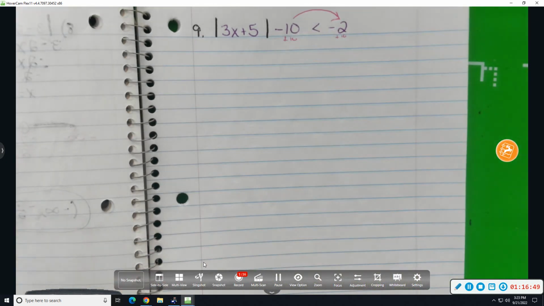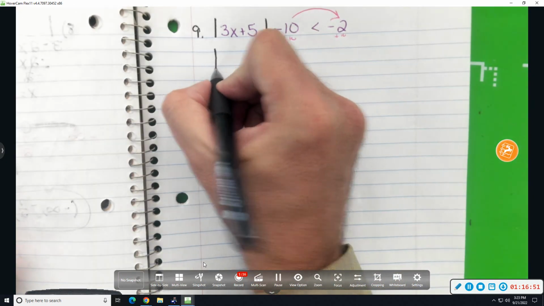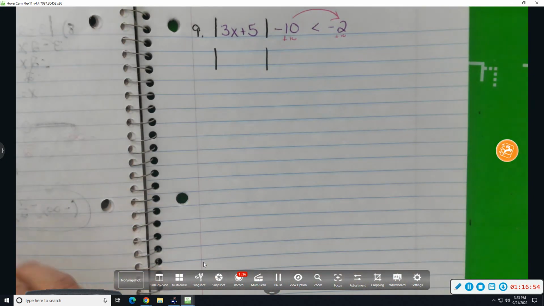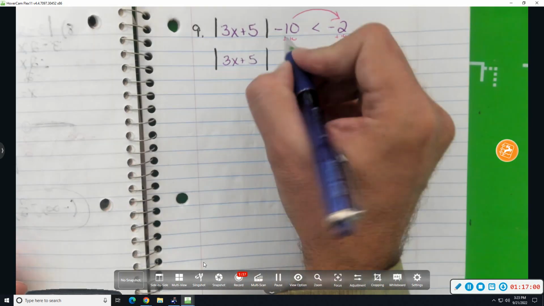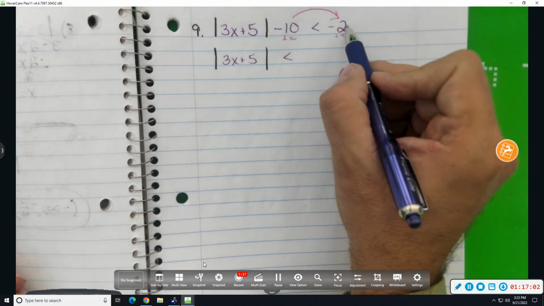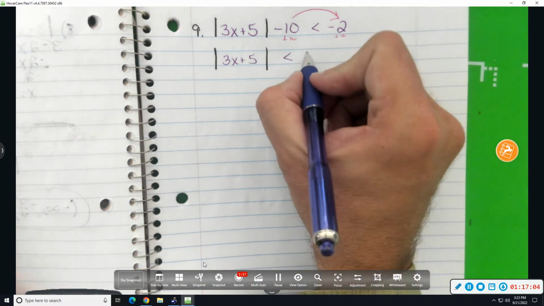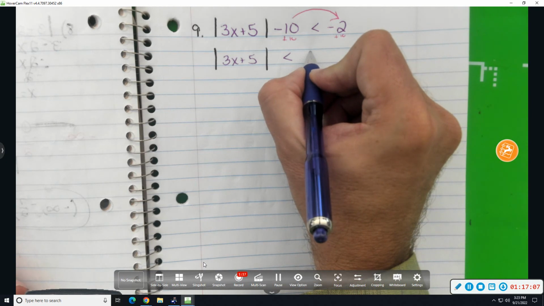So here it is. Absolute value of 3x plus 5 is less than what? Negative 2 plus 10. What number am I going to have right here? 8.